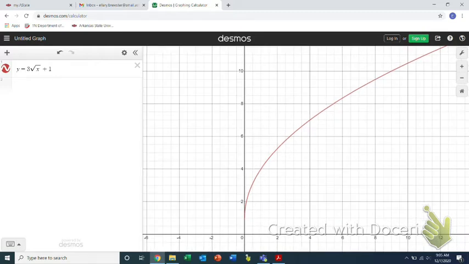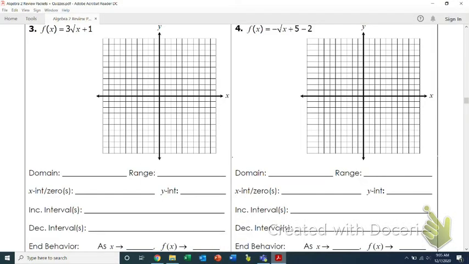You'll notice that it starts right here at 1. So if we go back to our paper, what I want you to do is sketch your graph and just show that it is starting at 1. Since it's starting at 1, our y-intercept is 0, 1. Do we have an x-intercept? Does it cross? No, so we're going to put NA.